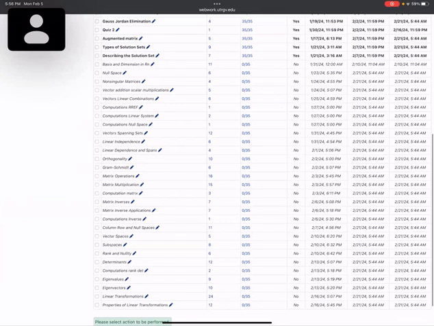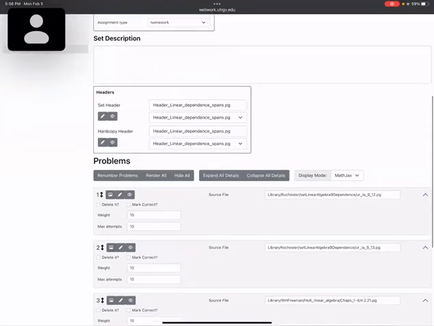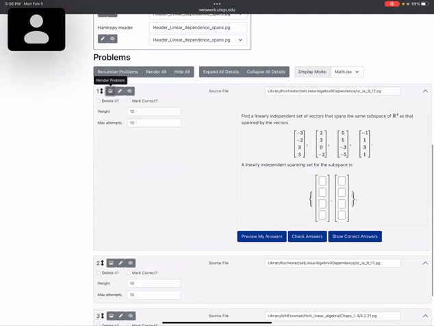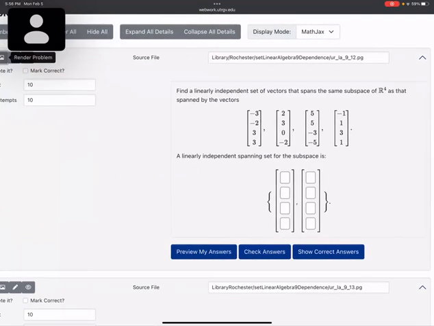Well, the linear dependence and span. So let's see what is in this one. Find linearly independent set of vectors that span the same space as that spanned by the vectors. This is a linearly dependent spanning set for the subspace.